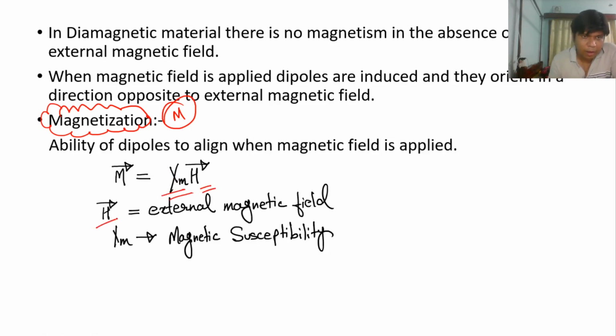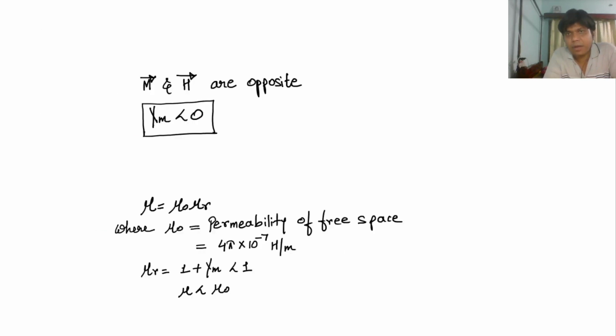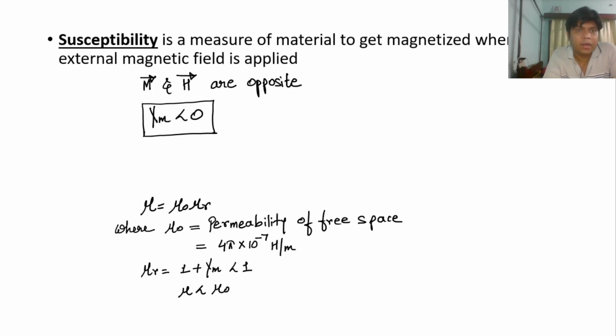Here capital H represents the external magnetic field and chi m represents the magnetic susceptibility. Let us see what we mean by the magnetic susceptibility of a magnetic material. Susceptibility is a measure of a material's ability to get magnetized when an external magnetic field is applied. This is an important point.